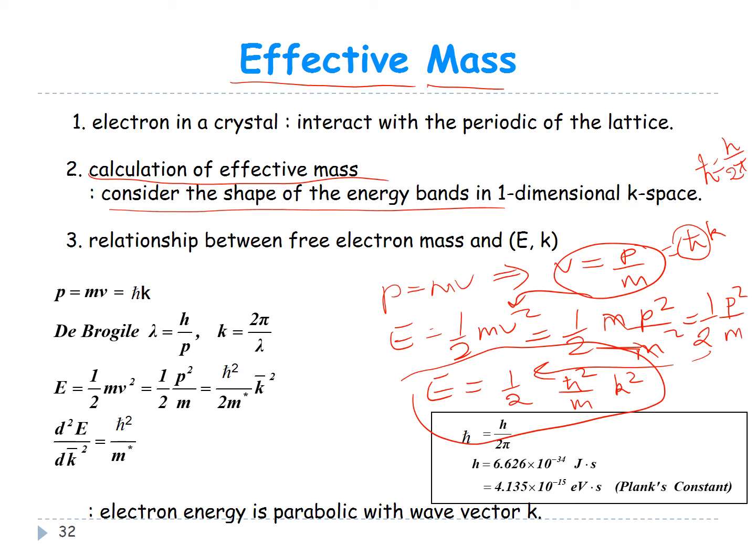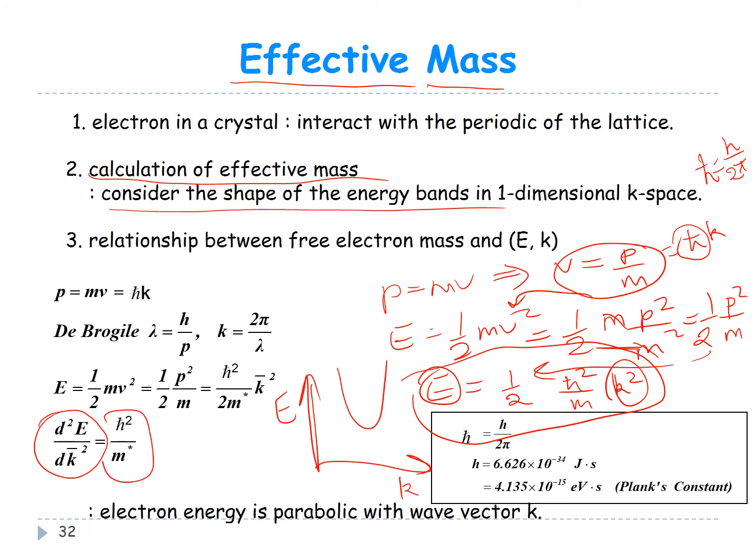That's why, if we draw our E-k diagrams, we always have something like that, because our energy is parabolic with respect to the k propagation wave vector. Now, from here, if you take the second derivative of E, you find that the second derivative of E is equal to h bar squared over m star.